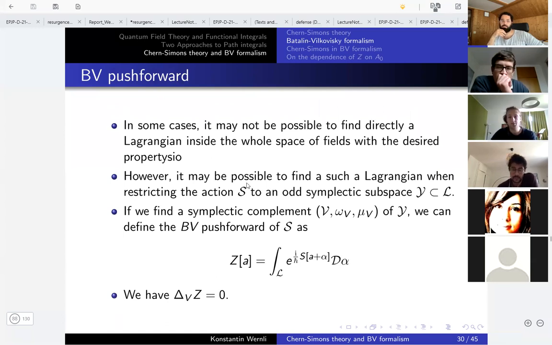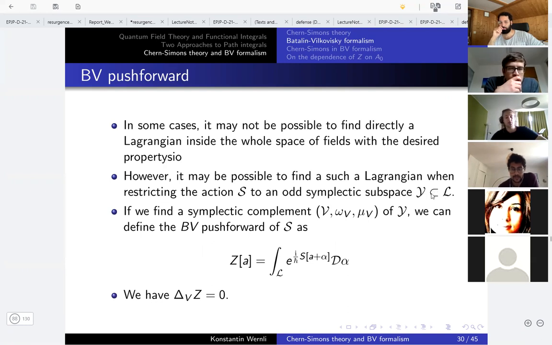Then there's another little something I have to talk about, which is the BV pushforward. In some cases, you won't be able to find this Lagrangian directly inside all fields, and you would have to restrict to an odd symplectic subspace. Then you could push forward the BV theory from the original space of fields to a symplectic complement of this symplectic subspace where you have the Lagrangian.